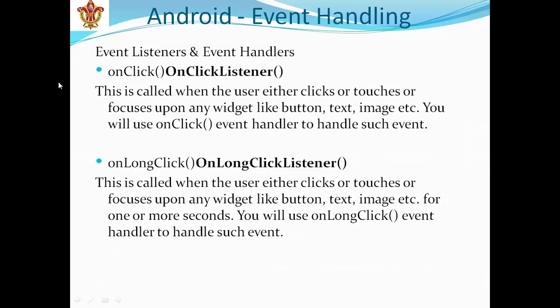So the time will extend. You will use the on long click event handler to handle such an event. It means when I want to perform a long click, I will click on the text, image, or button for one or more extra seconds compared to the on click listener.